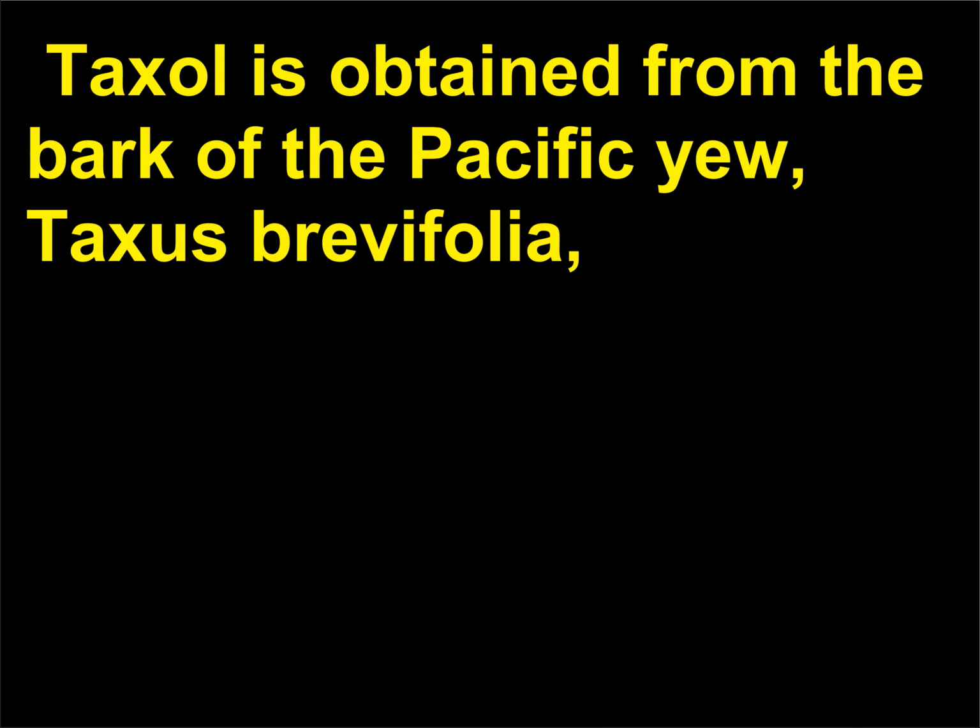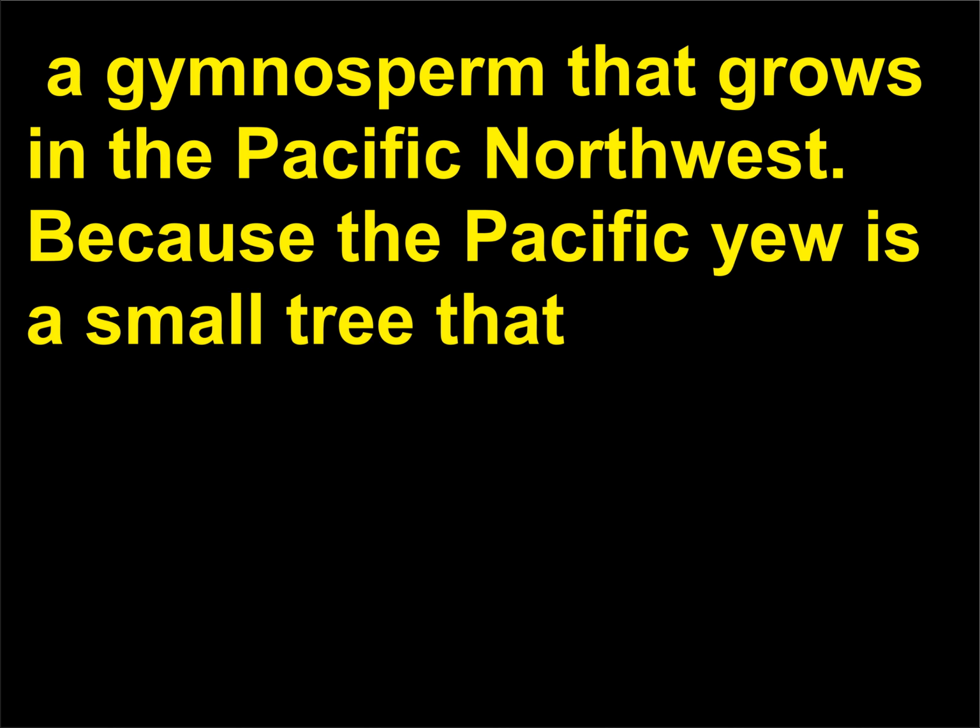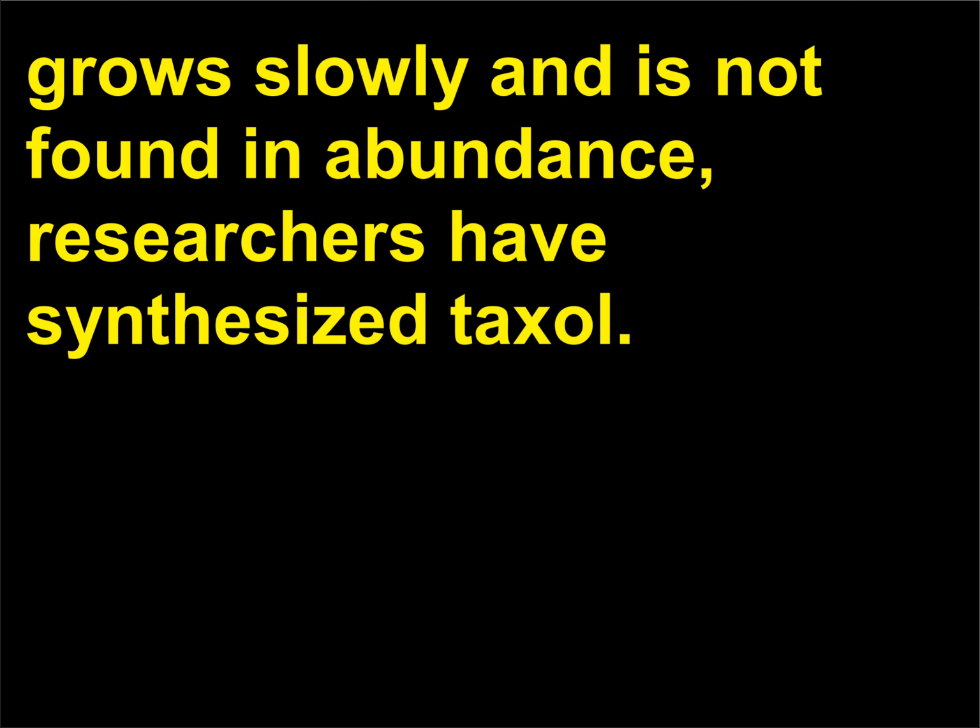Taxol is obtained from the bark of the Pacific yew, Taxus brevifolia, a gymnosperm that grows in the Pacific Northwest. Because the Pacific yew is a small tree that grows slowly and is not found in abundance, researchers have synthesized taxol.